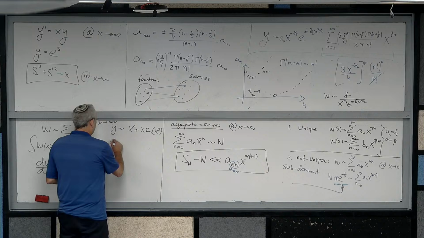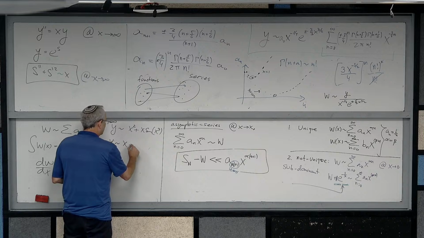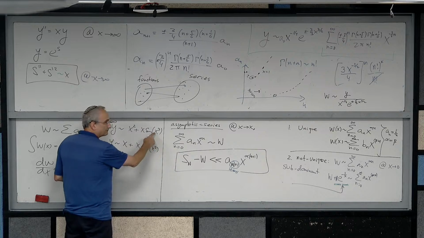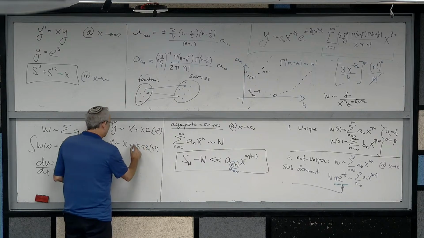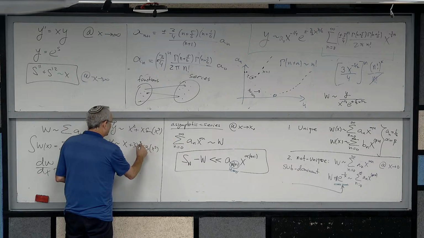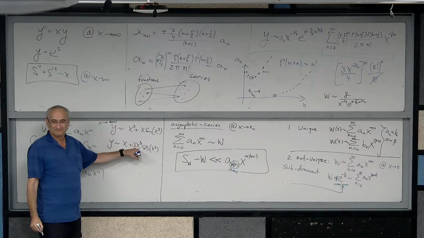However, y prime will be, according to that, asymptotic to x plus x times the cosine of x cubed, but now we have to take the derivative of the x cubed, which will give us 3 x squared, so we have an x cubed here, so of course this will be the dominant term.